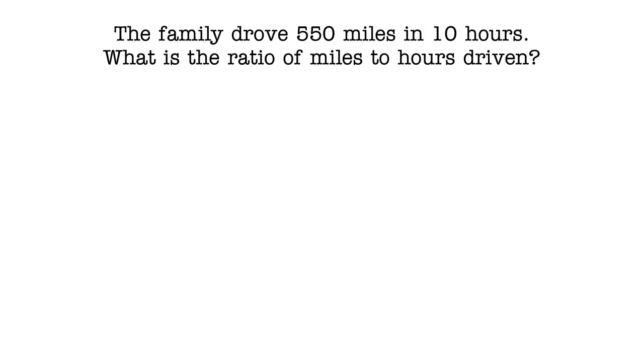Here's an example. The family drove 550 miles in 10 hours. What is the ratio of miles to hours driven? To write the ratio, simply write the numbers as division like this. What the question is really asking is, what is the unit ratio? Finding the unit ratio is very easy, since it can be solved with a multiplication number family like this.